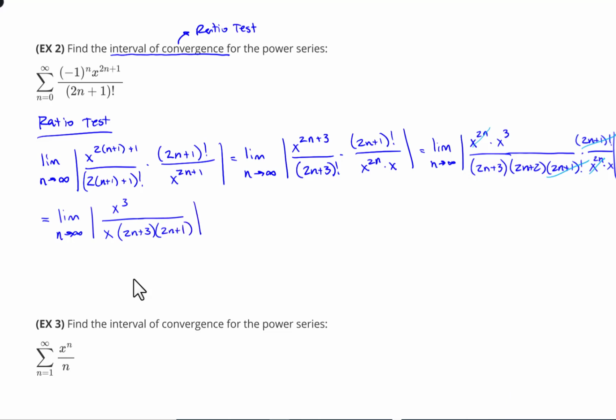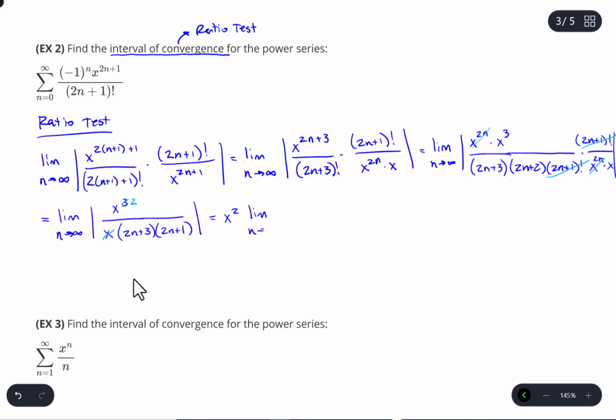And here's something that's kind of interesting. So x is a variable, but it's not changing with respect to this limit. So it's really considered a constant within this limit. And any constants can be pulled out of the limit. And if you'll notice, if I take x cubed divided by x, that would leave me with x squared, which is also positive, and that means that I don't really even have to worry about the absolute value on the outside of this limit.